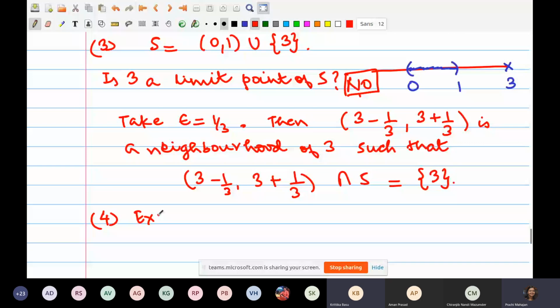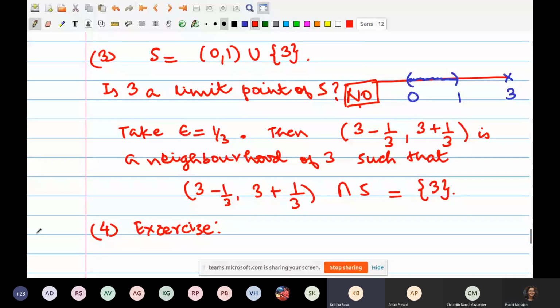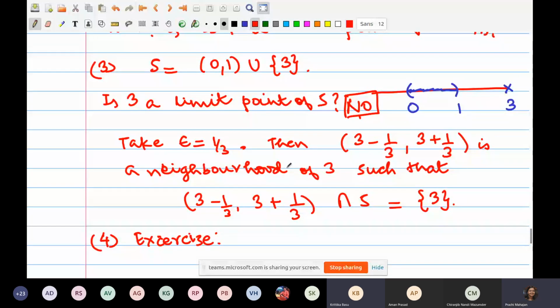Ma'am, is it just okay that the intersection has at least one point? It is not necessary that the entire neighborhood has to lie in S. No. Let's go back to the definition of limit points.